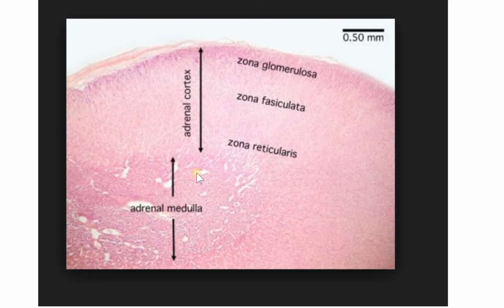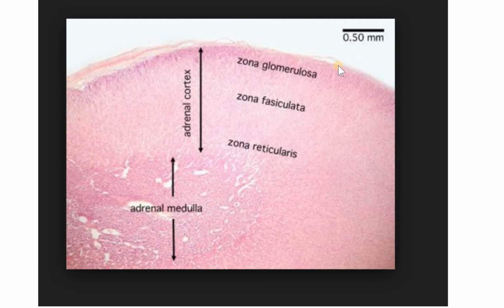Okay, now if you look closely, and this is what's going to help you identify on a test whether you're looking at an actual slide under a real microscope or looking at a slide this way, you can see the number of cells. Okay, so this zona glomerulosa, when you scan your eyes back and forth, you see a great concentration of cells.